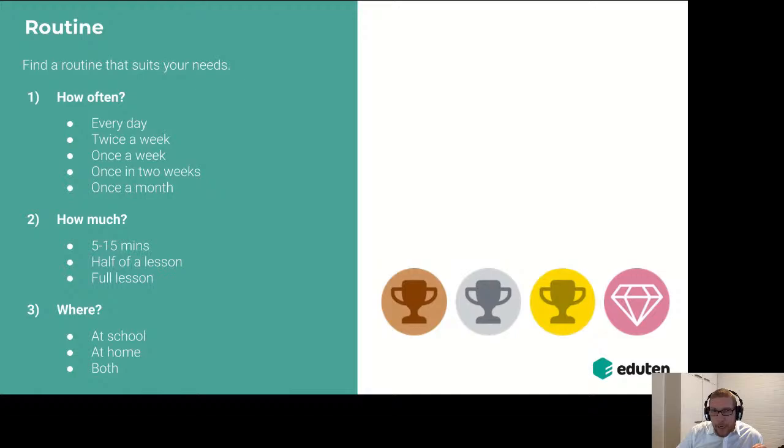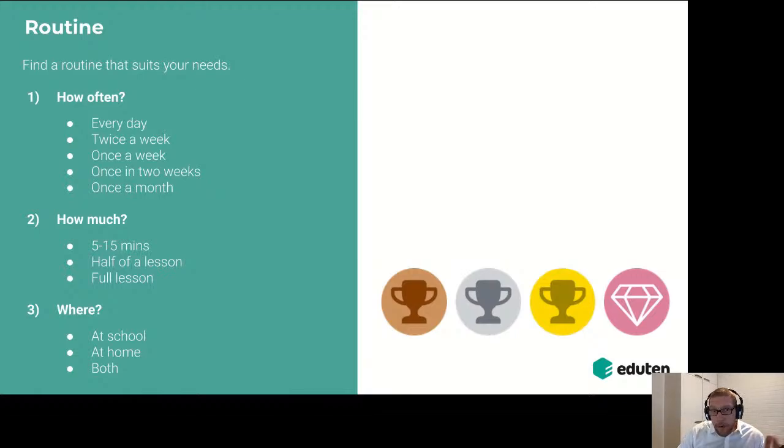But it can be already a bit longer. Then we go for once a week. This makes it really regular. It's still quite frequent. And this can already be a full lesson. That's fine. That will fit in the 30 to 75 minutes, even if we include homework.